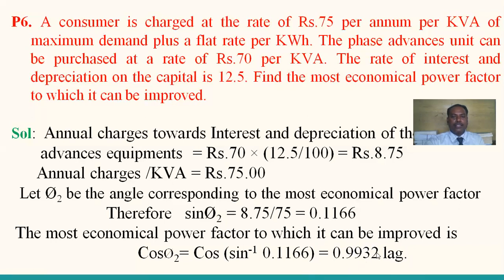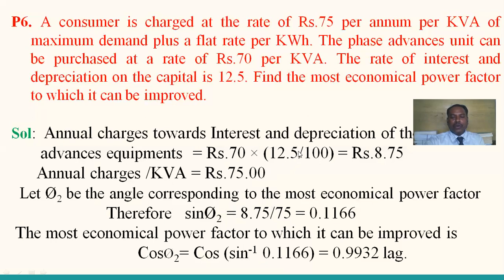So this is a simple problem. Actually, the most economical power factor: sin phi 2 is equal to y by x, where y is the annual charges towards interest and depreciation, and x is the annual charges per kVA of maximum demand.